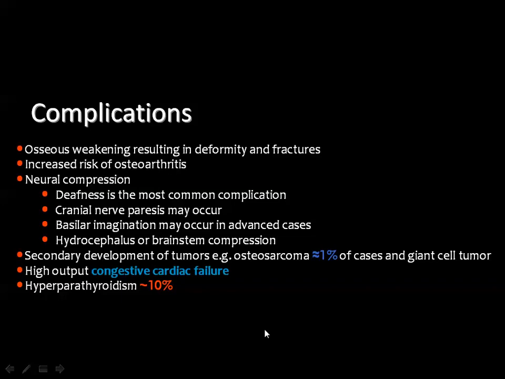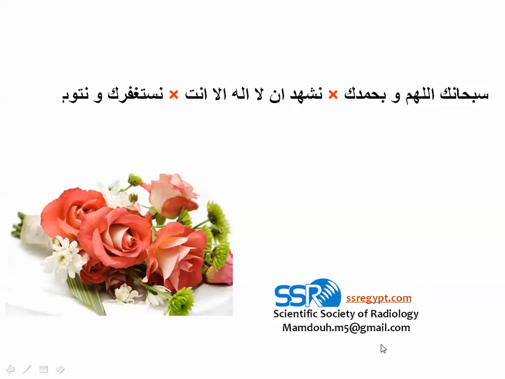Secondary transformation into malignancy, like osteosarcoma, is in the range of 1% of the cases. High output congestive heart failure due to the hyperdynamic circulation reaching the bone, and hyperparathyroidism in about 10% of the cases.